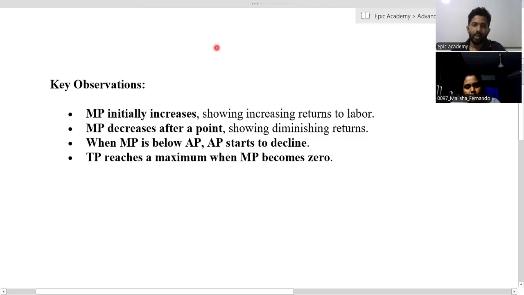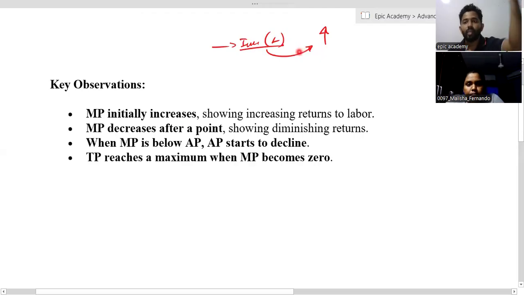Returns mean that when you increase the input L by 1, as an example, the production quantity increase takes a greater value than the increase of input. Here you can identify input increases by 1, but the production increases by more than 1, isn't it? Yes, that is why it initially increases, showing increasing returns.